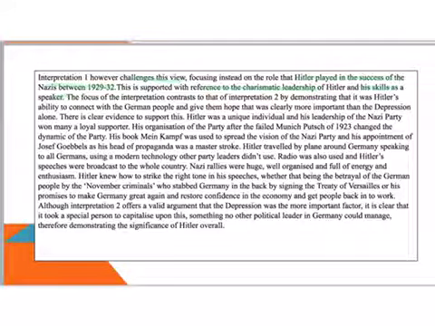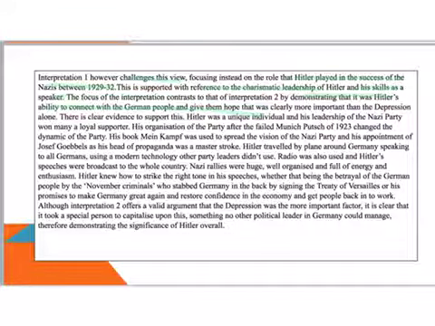The focus of the interpretation contrasts to that of interpretation 2 by demonstrating that it was Hitler's ability to connect with the German people and give them hope. So what we have here is that clear contrast between interpretations, and that's a really good thing to do in this answer, because you're showing that precise analysis of the interpretations at that particular juncture in your answer.